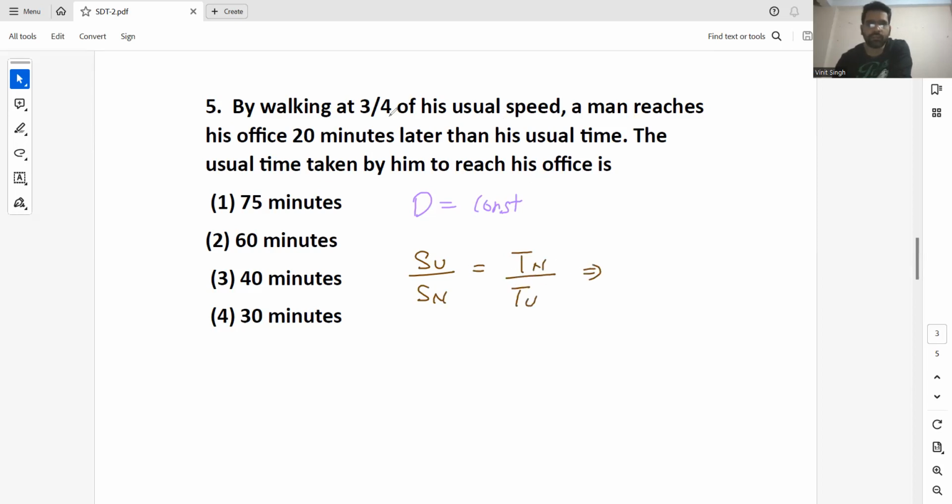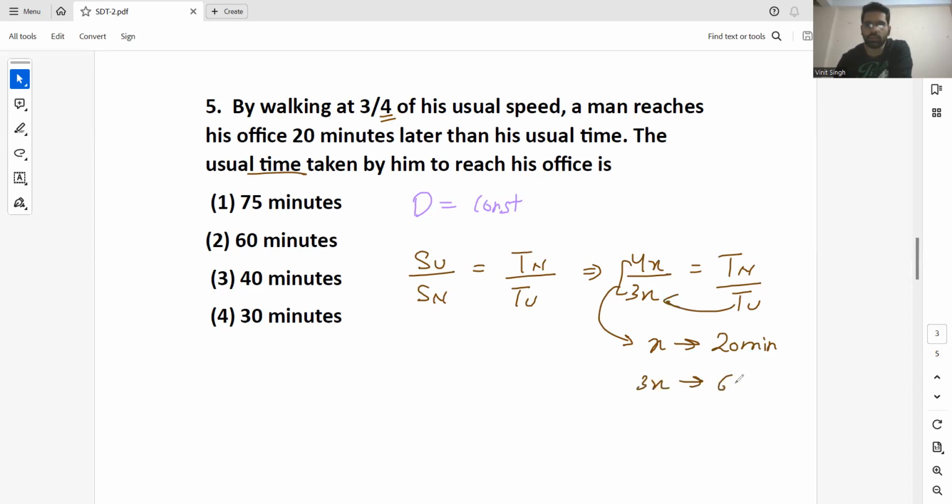Here, usual speed we will take 4x and new speed becomes 3x, so T new upon T usual. Here the difference is x, which is equal to 20 minutes. And we have to find the usual time taken by him to reach the office. 3x is 3 into 20, so he will take 60 minutes to reach the office.